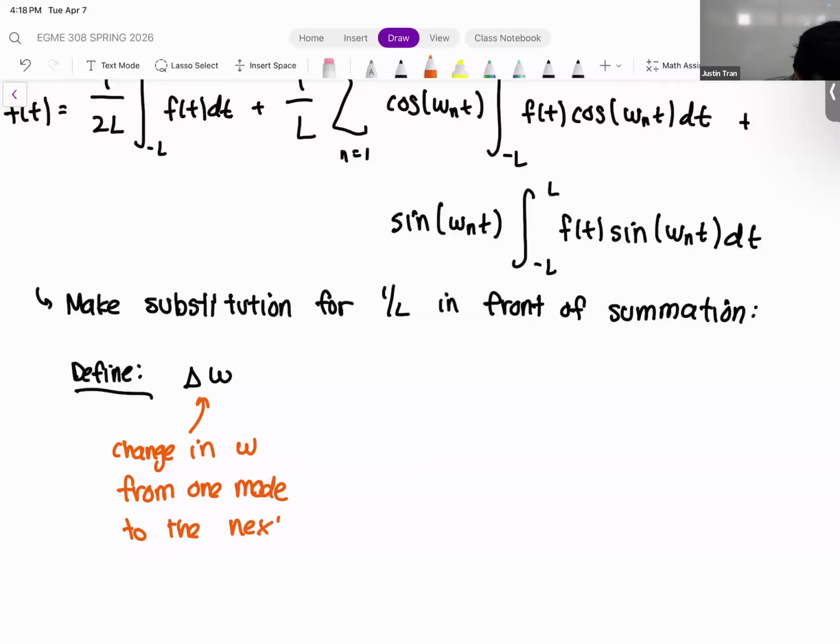This delta omega is going to represent the change in mode from one to the next. So when you go from n equal to 1 to n equal to 2, this delta represents the change in frequency that occurs.